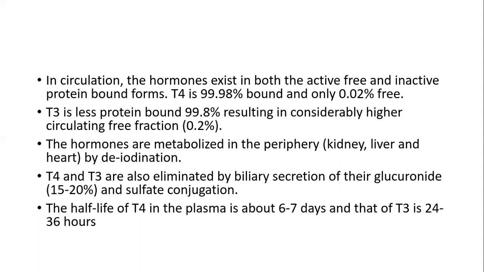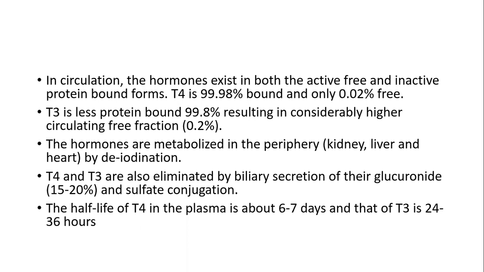So in circulation, the hormones exist in both the active free and inactive protein-bound forms, with T4 being 99.98% bound and only 0.02% being free. But then T3 is usually less protein bound, at 99.8%.